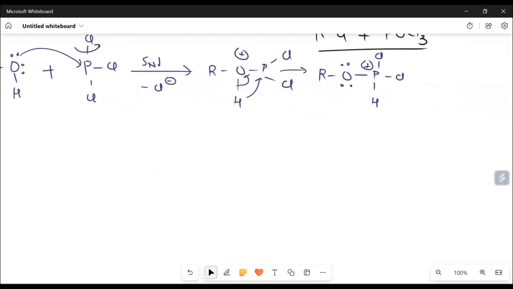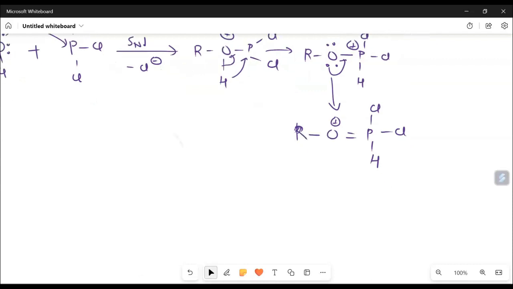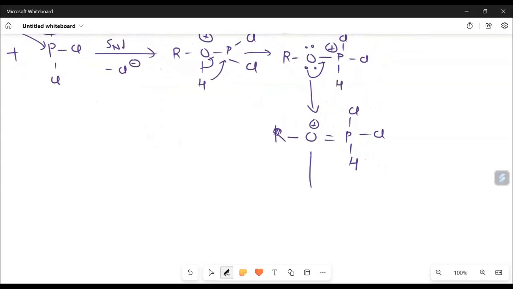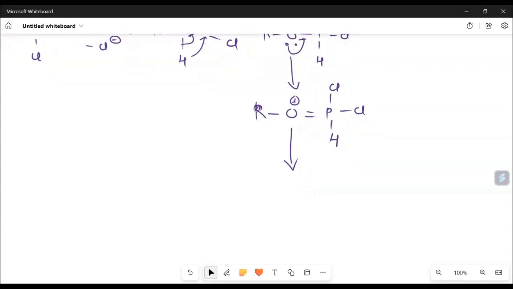Now what will happen in this case? The reaction proceeds further. R, O will form the bond. This bond will form and double bond P, Cl, Cl, H. Now what will happen? The next step. Are you able to understand this? This is R. The next reaction will be your attack.